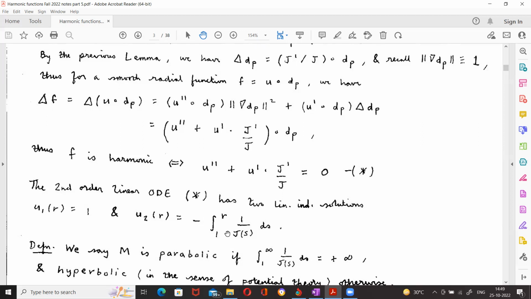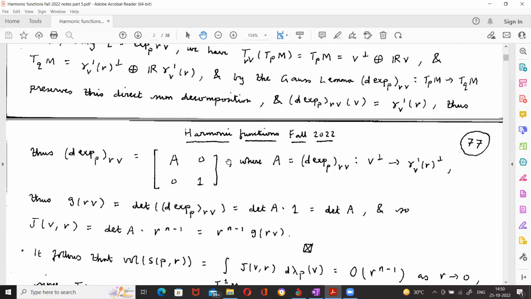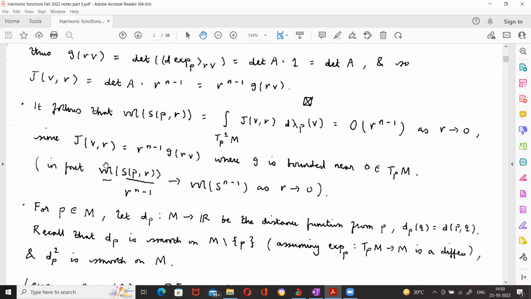So now what does this function look like? Well, as r tends to 0, remember that j, the Jacobian, we saw that it looks like r to the n minus 1 times something converging to 1.